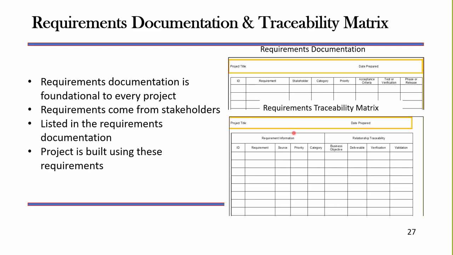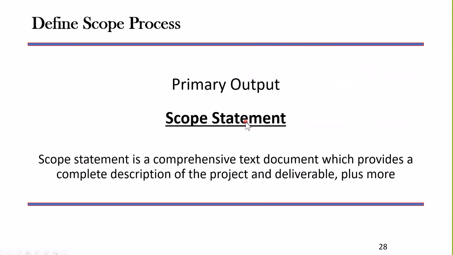Requirements documentation. We have our requirements. We need to go to another level. That is called the define scope process, and that gives us the scope statement. What we do is with our team, we sit down and we take all of those requirements that we've collected and we rewrite those requirements into the scope statement.